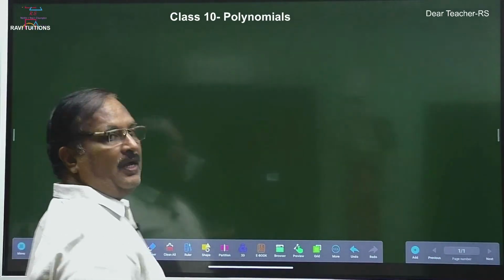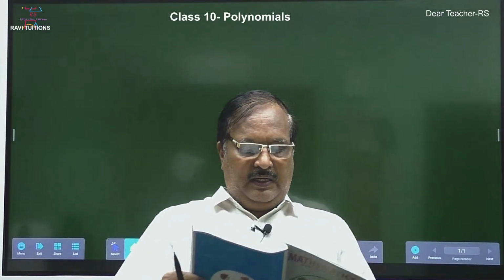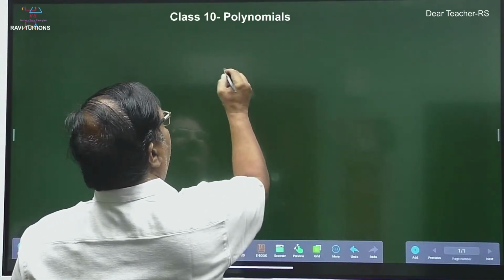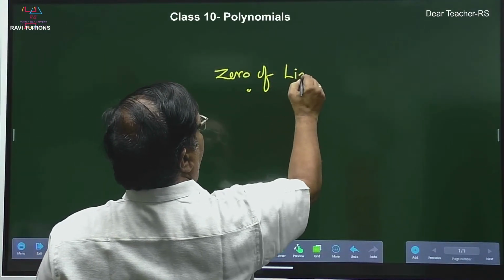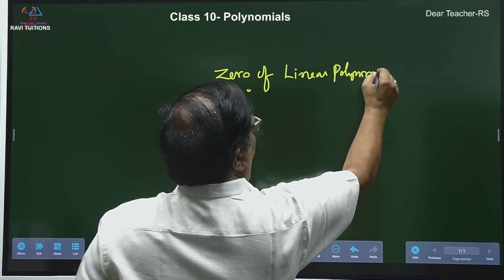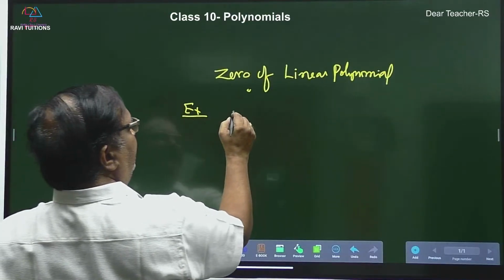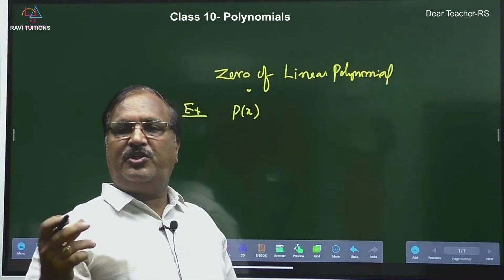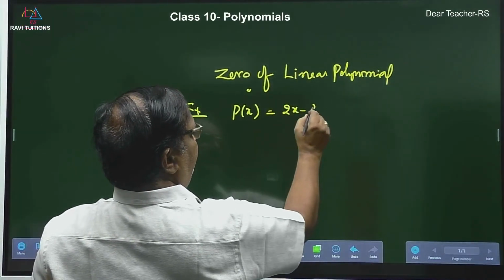Let us go to another thing. The zero of a polynomial. Let us find the zero of a linear polynomial. Take an example. I will write p(x); p(x) is the notation of a polynomial. p(x) is equal to 2x minus 3.